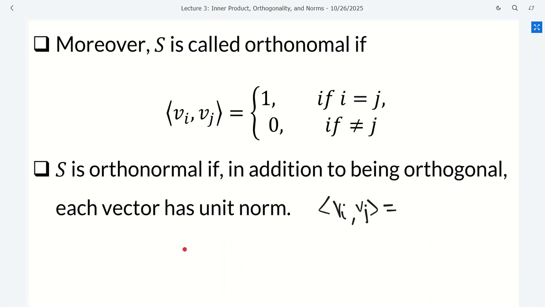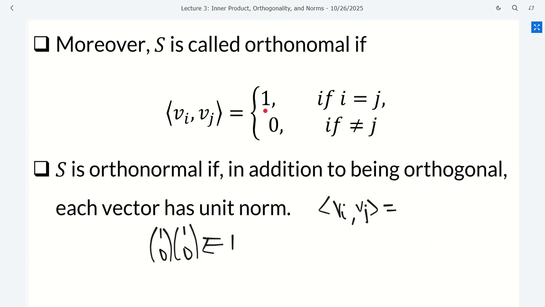So let's have a basis which is (1, 0) and (0, 1). If I find the inner product of (1, 0) with itself, I'll get 1.